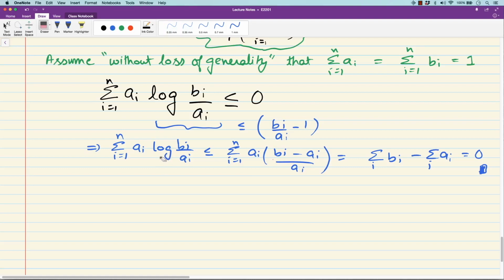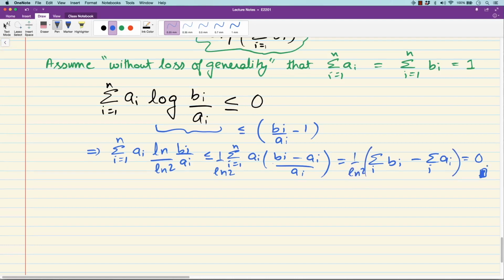This inequality I have to do with natural log, but log to the base 2 can be written as ln divided by ln 2, so you have 1 by ln 2 here, but it doesn't change much. It's still 0. Okay. All right.